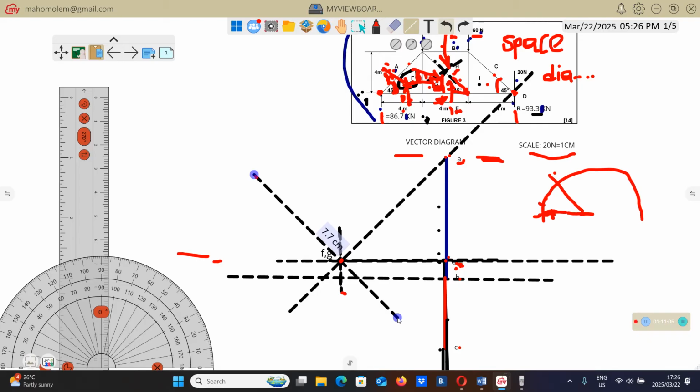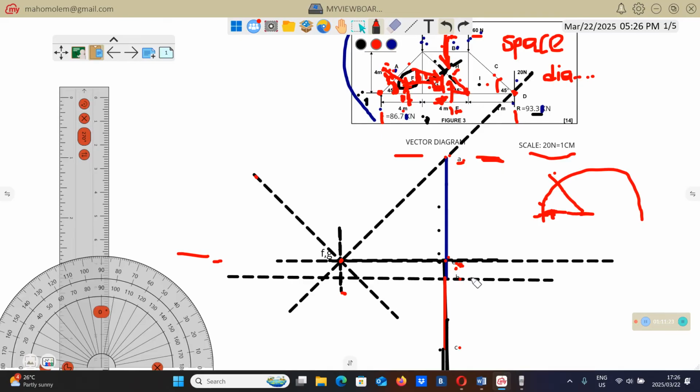Then where these two lines meet will be point H. How did you get point H? You'll see from B to H, there is a horizontal line.